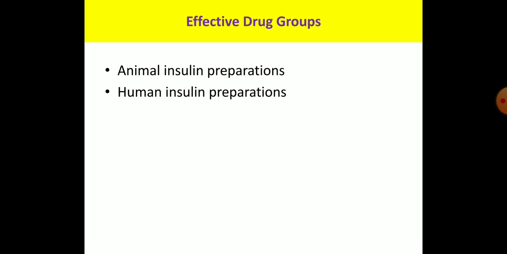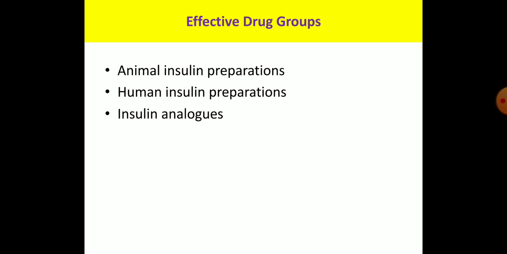So now effective drug groups. As I have told you previously, insulin is the only therapy for type 1 diabetes. So which are the different drug groups? Here the drug groups in terms of insulin from different sources: either the animal insulin preparations, or the human insulin preparations, or the insulin analogs.